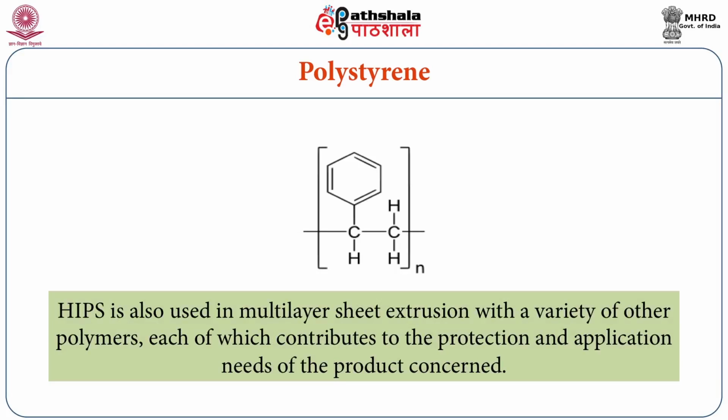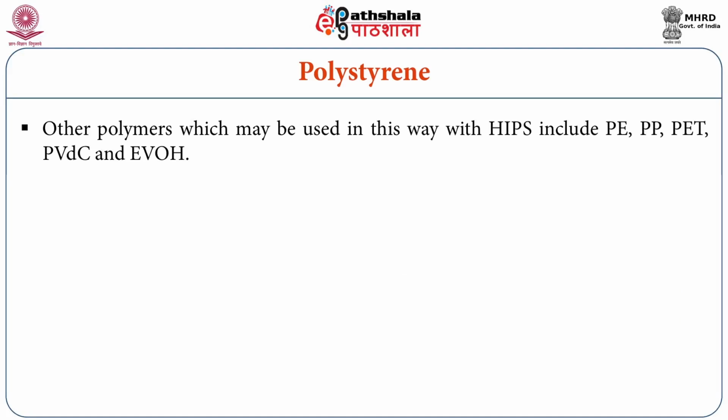High impact polystyrene is also used in multi-layer sheet extrusion with a variety of other polymers, each of which contributes to the protection and application needs of the product concerned. Other polymers which may be used in this way with HIPS include PE, PP, PET, PVDC and ethyl vinyl alcohol.